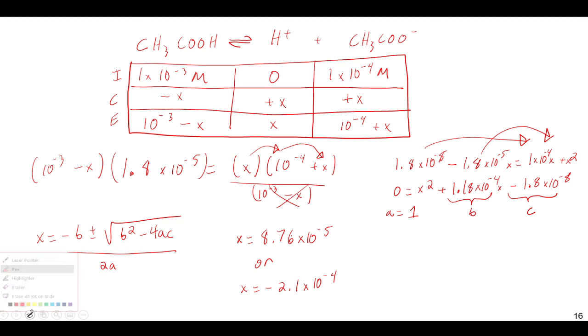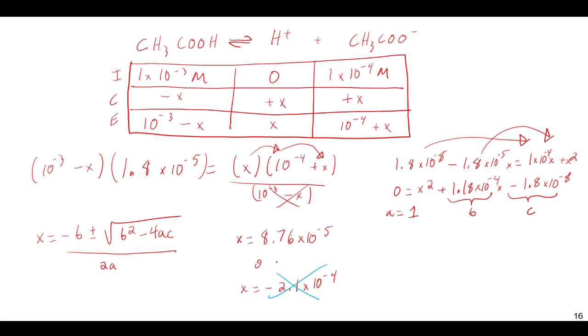When I use the quadratic formula, I know I'm going to get two values out at the end, and one of them is going to make sense, one isn't. So what does x represent? X represents the amount of H plus at equilibrium. Can we have a negative concentration of H plus? No. So this x can't be negative, and this one must be wrong.